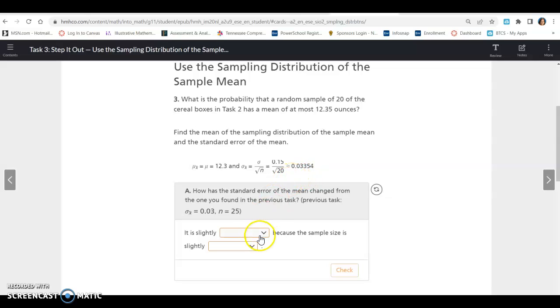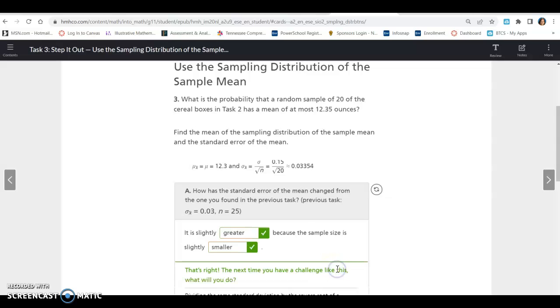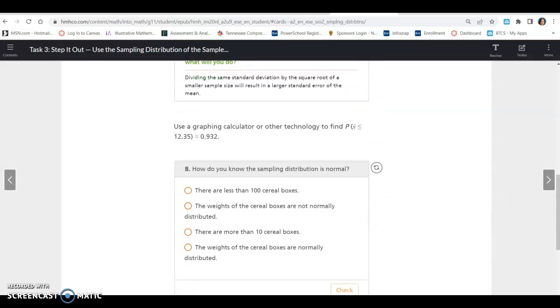This one is slightly greater because the sample size is slightly smaller. So this standard error is a little bit greater because the sample size is a little bit smaller. That's what that question is basically saying.